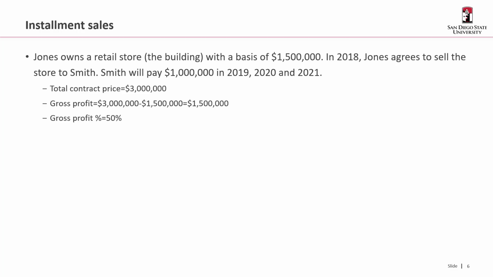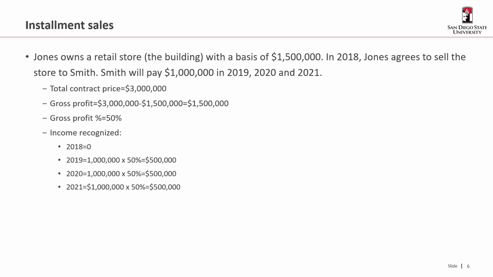So what this means is that for every payment that Jones receives, 50% of that payment is considered to be recognized gain. So when they receive no payments in 2018, even though that's the year of the sale, there's no recognition of income. In 2019, when they receive $1 million payment, they need to recognize 50% of that amount as gain, so $500,000 is the gain.